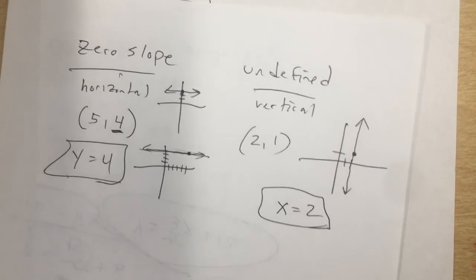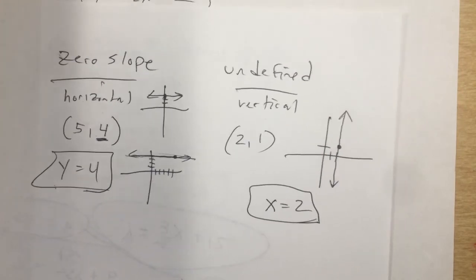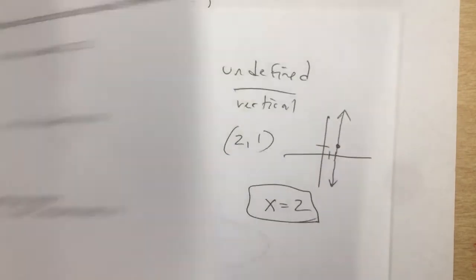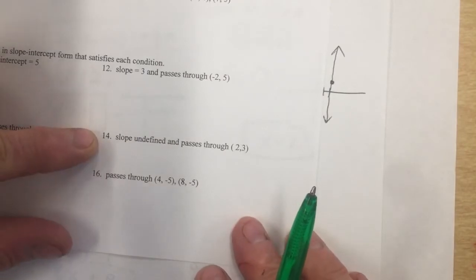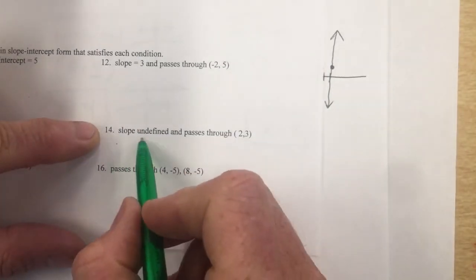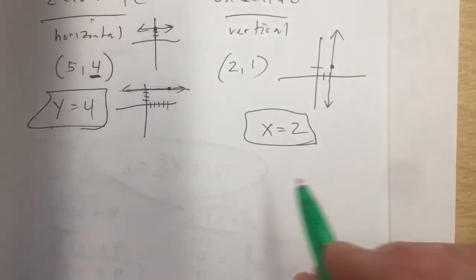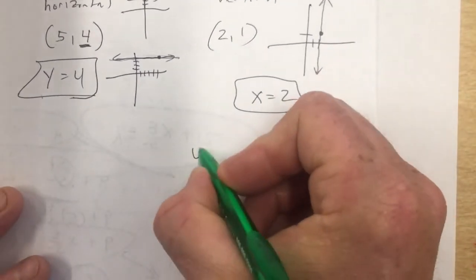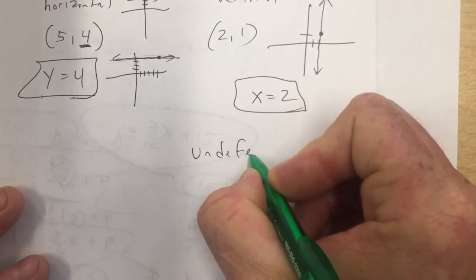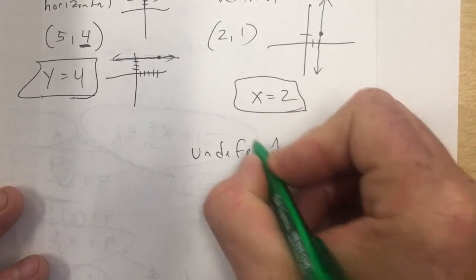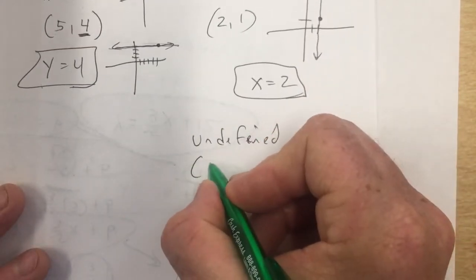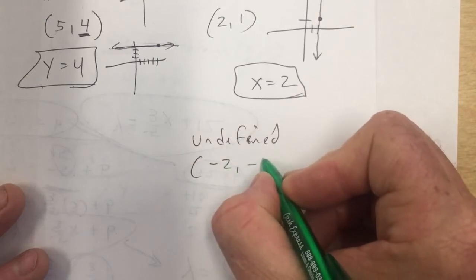I think we have one here. Yeah, look here. This problem here, number 14. The slope is undefined. It passes through this point right here. There's one of the problems right there. Let's do it again. I'm going to make up another one. Undefined, and it passes through -2, -8.